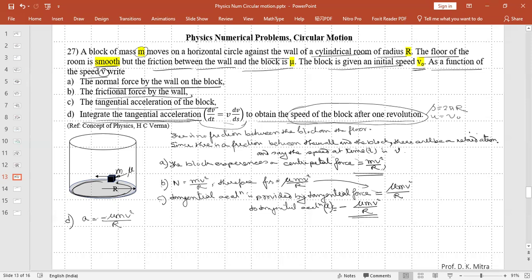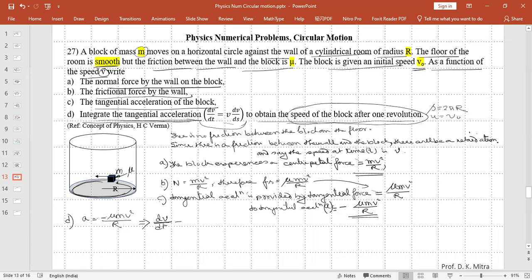A is equal to minus mu v square by r. And so we can write A, or acceleration, is always dv by dt. That means time differential of the velocity.